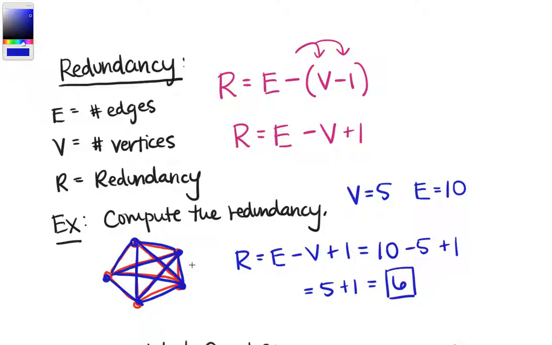Okay, and let's talk for a second about what redundancy means. So redundancy is essentially the number of edges beyond what you need for a spanning tree.